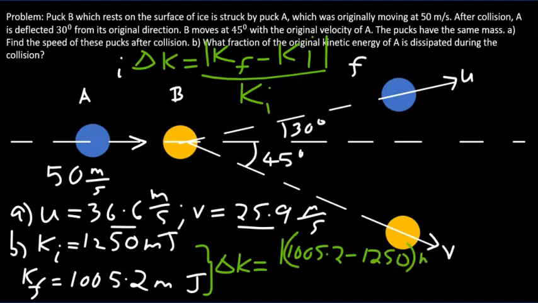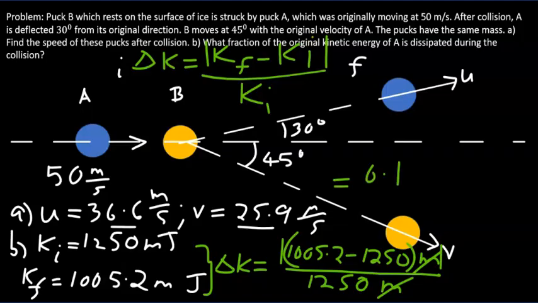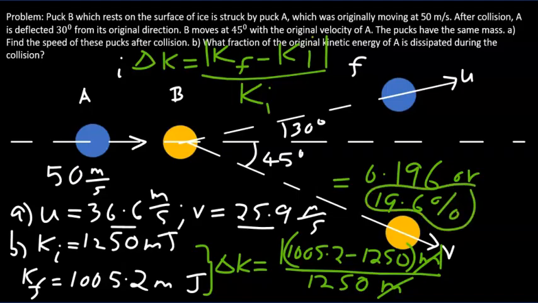Remember, m is just the mass, and it's a common term, over Ki, which is 1250 m. So m goes away, and this fraction will be 0.196, or in percentage 19.6%. So 19.6% of the original kinetic energy of A is dissipated during the collision. And that solves the problem. Thank you for watching.